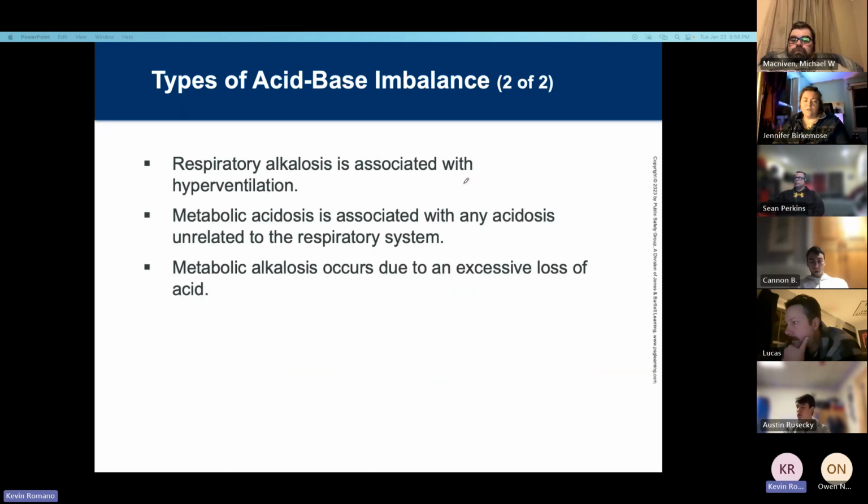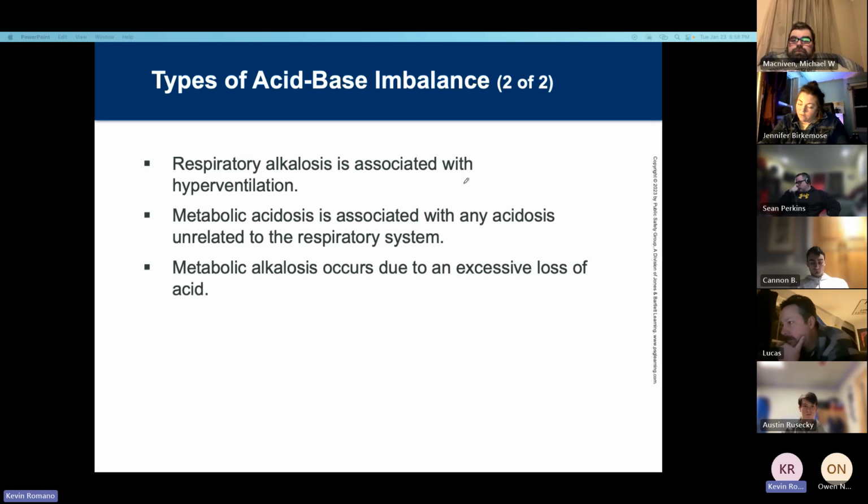All right. So there are types of acid-base imbalance. One is respiratory alkalosis, which is associated with hyperventilation. With hyperventilation, we start seeing decreased end tidal. Metabolic acidosis is associated with any acidosis unrelated to the respiratory system. Anything that changes that bicarb, which is your HCO3. 22 to 26 is kind of our normal range for bicarb.